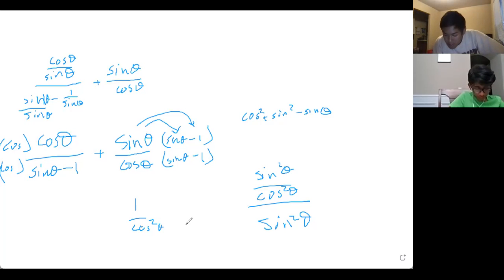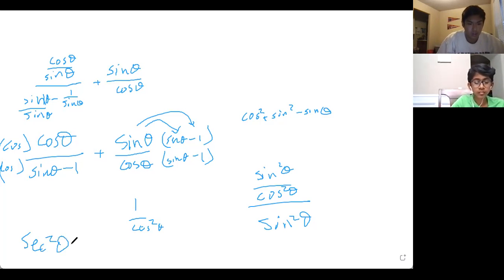Now, once you're there, do you see what to do from here, Jeremiah? Because this is secant squared theta.